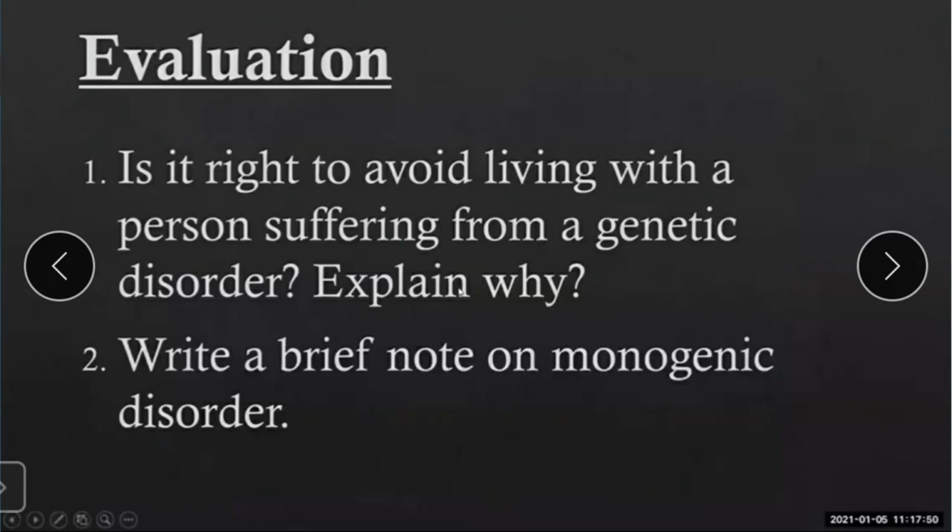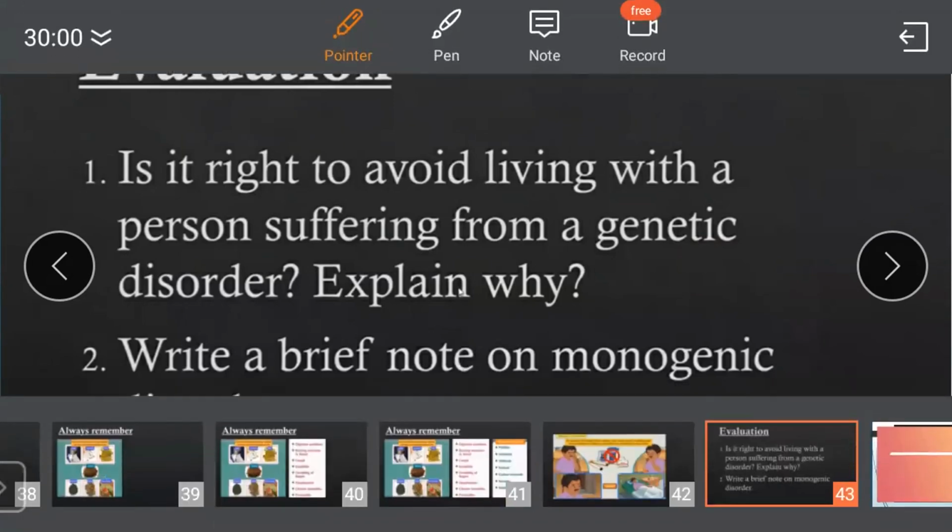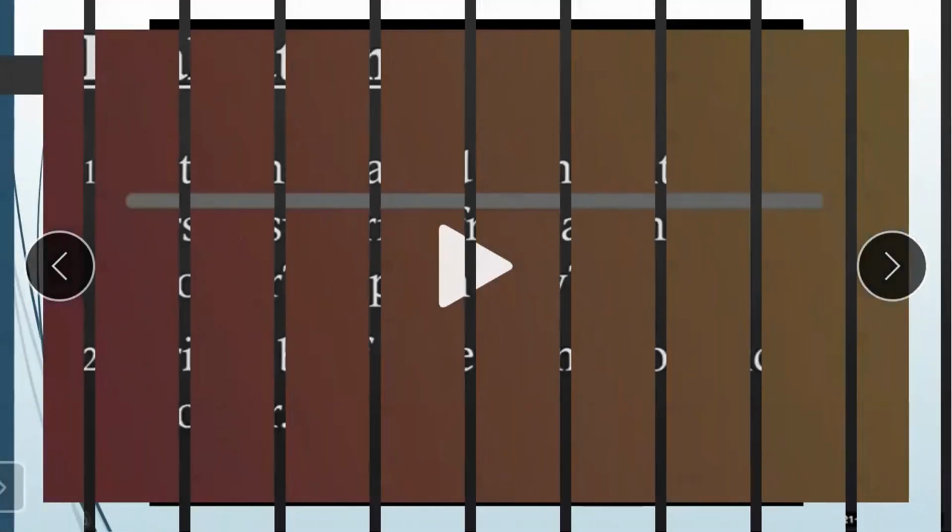You have to write in brief so that you can understand how much you are understanding this lesson. Okay, so by this we have finished our chapter. My dear students, thank you for listening to my lecture very silently, and I think that you have understood my topic.